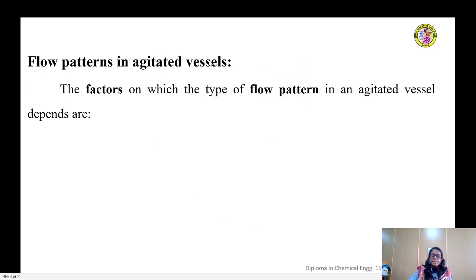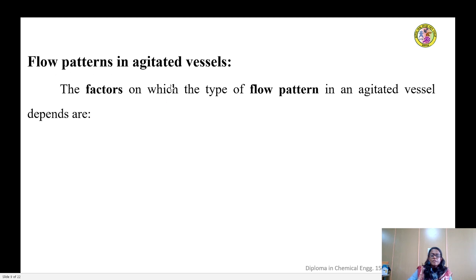Flow patterns in agitated vessels. Let us now take up in depth the flow patterns that are generated in agitated vessels. Generally, agitated vessels are meant for bringing the entire mass of the liquid inside the vessel into contact with all the portions of the liquid.